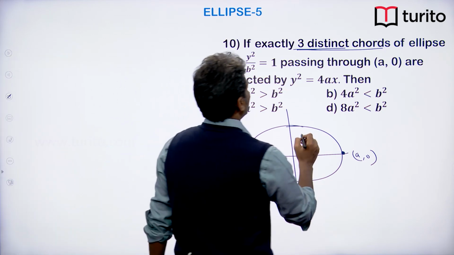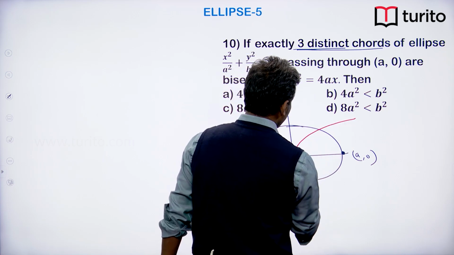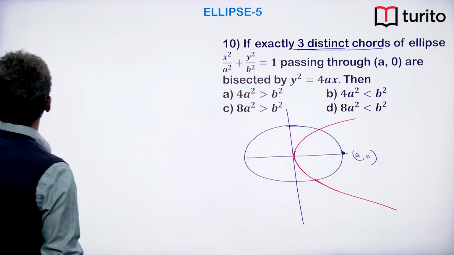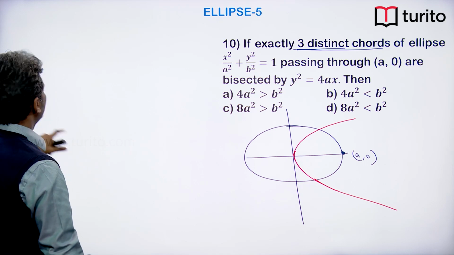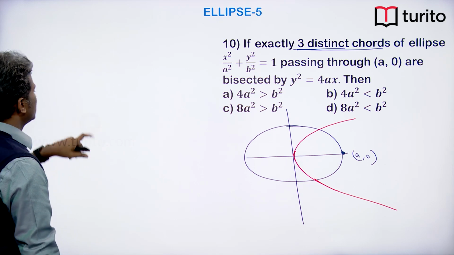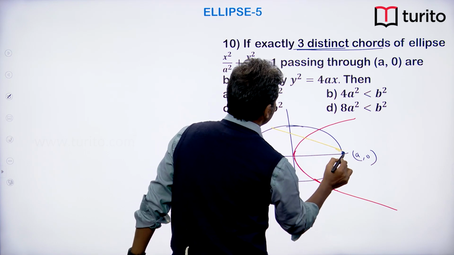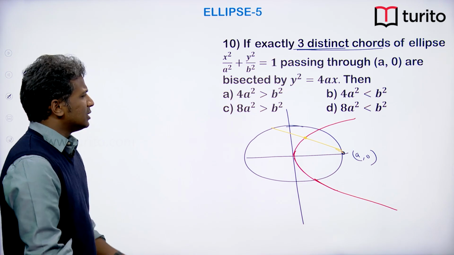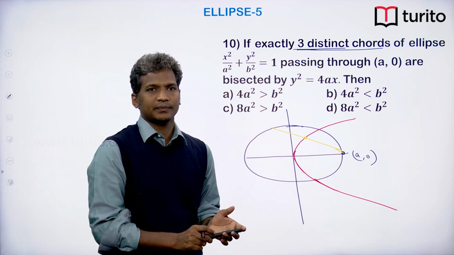So, we have one parabola here which is y square equal to 4x. Let us say this is my parabola. Now, chords passing through the point (a, 0) are being bisected by this parabola. So, which means the midpoint of the chord must be lying on the parabola.